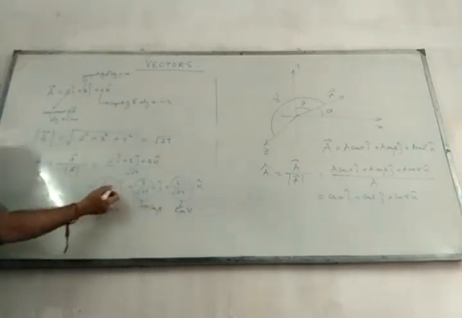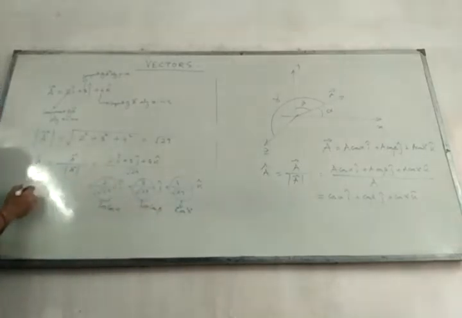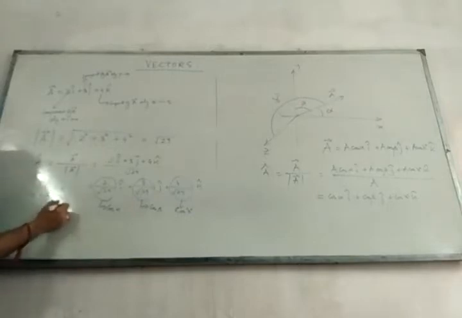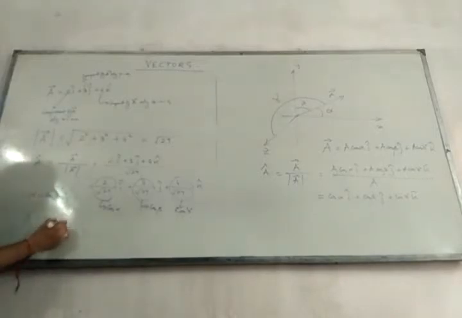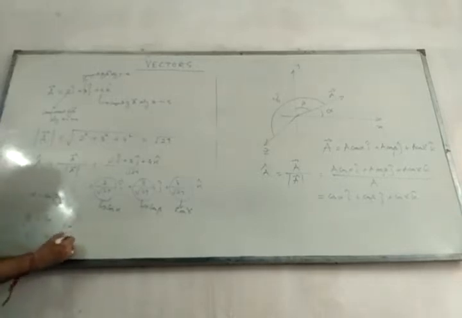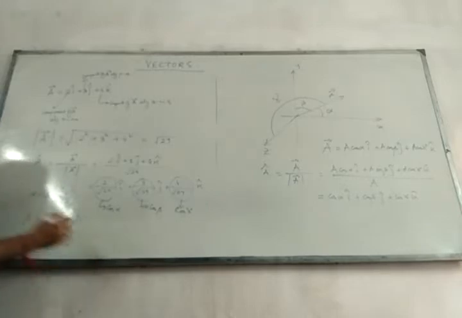Then, whatever the coefficient of i is, alpha is equal to cos inverse of that. That means the vector makes an angle of cos inverse of 2 by root 29 with the x-axis. Similarly, beta is equal to cos inverse of 3 by root 29, and gamma is equal to cos inverse of 4 by root 29.